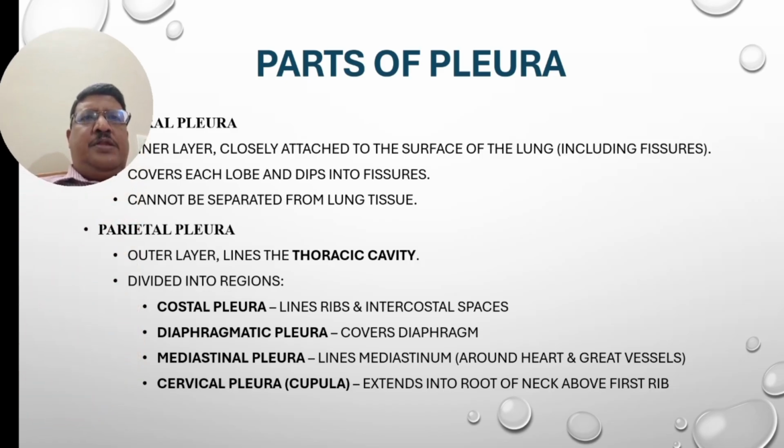Parietal pleura: outer layer lining the thoracic cavity, divided into regions: costal pleura lines ribs and intercostal spaces; diaphragmatic pleura covers the diaphragm; mediastinal pleura lines the mediastinum around the heart and great vessels; cervical pleura extends into the root of the neck above the first rib.